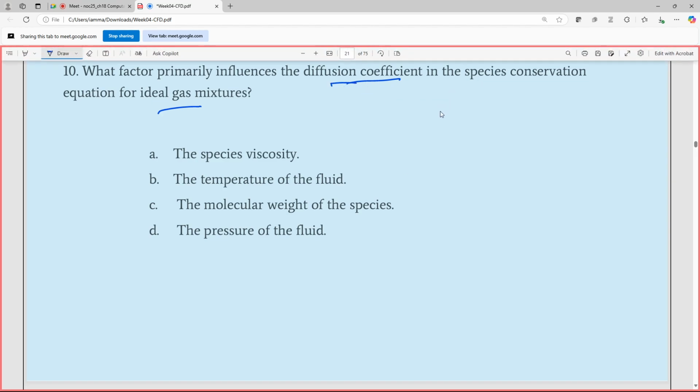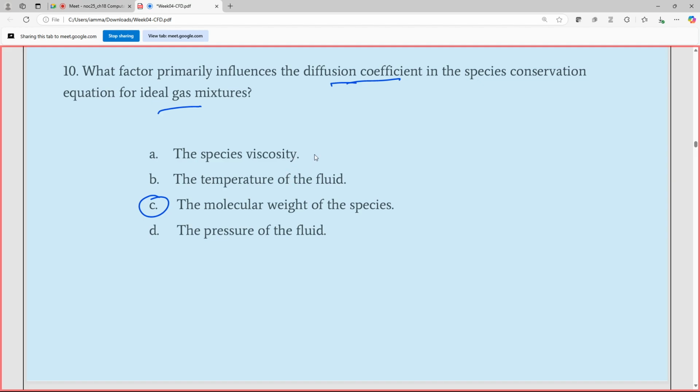Diffusion coefficient mostly depends on how the species moves, or the resistance offered by the concentration gradient for the movement of species. So in accordance to that, you can easily get our answer is option C, molecular weight of the species.